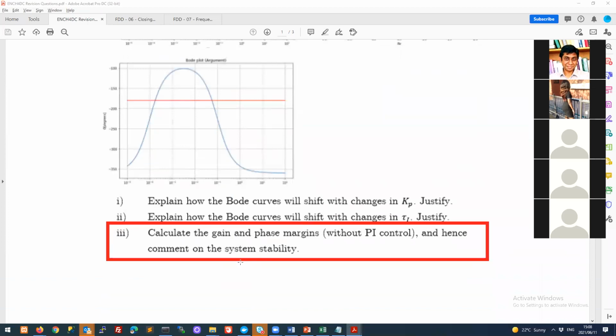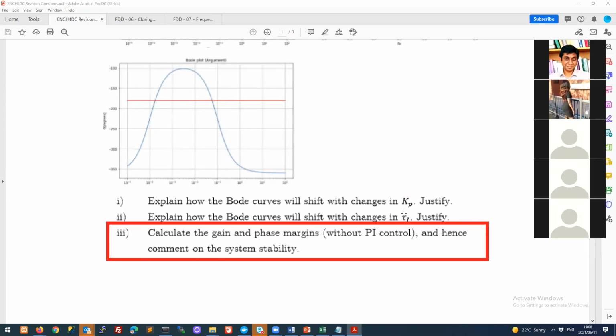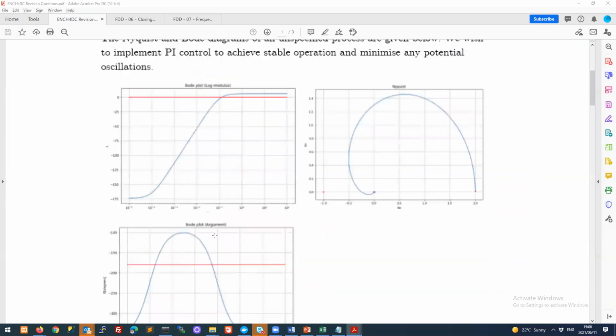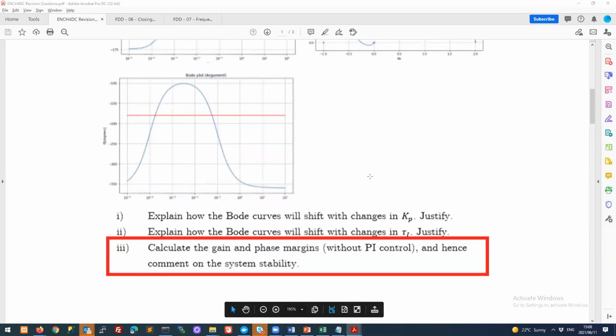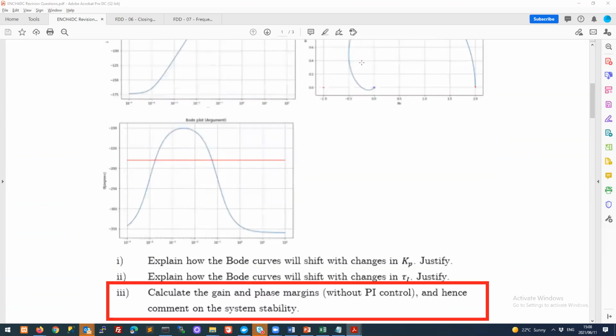And then the question you wanted to have a look at was calculate the gain and phase margins without PI control. So that basically means look at the system as it's drawn here, right? So as we said, this is about the process without PI control. So the question is basically asking us, tell me about the gain and phase margin just by looking at these diagrams.